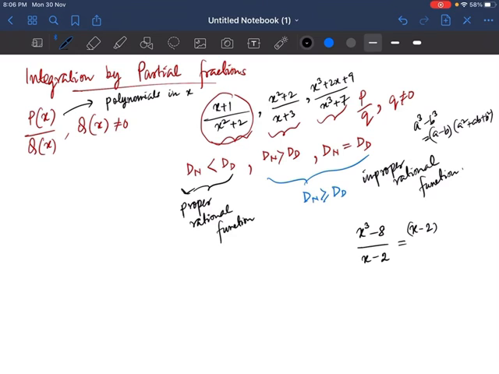So here x cube minus 8 becomes (x minus 2)(x square plus 2x plus 4), since ab is 2x and b square is 4 because b is 2, divided by x minus 2. So you see that x minus 2 gets cancelled. We have a function x square plus 2x plus 4, and it's very easy to integrate.